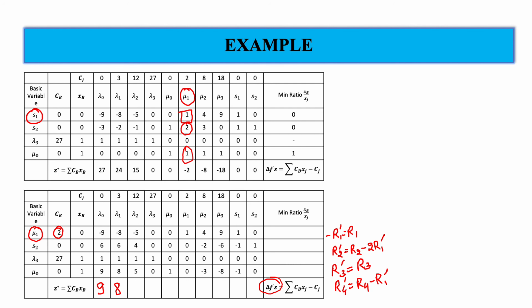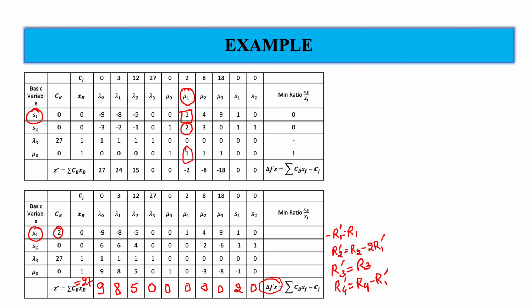Minus 10 plus 27 will give you 17, minus 12 is 5. 0 plus 27 minus 27 will give you 0. 0 into 0 is 0, plus minus 0 is 0. So all these are 0, you can check it. This value is 2 and 0. Since all the deltas are positive, the given objective function value is the optimal solution, and its value is 27. So this is the optimal solution.